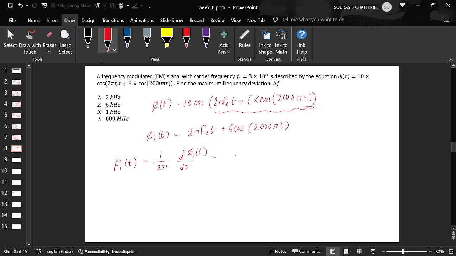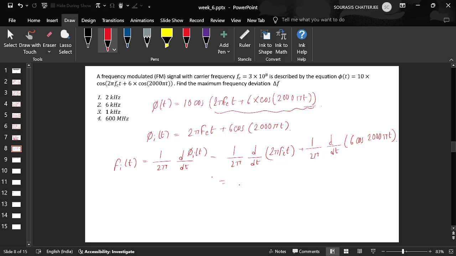And as a result, what do we obtain? 1 over 2 pi d/dt of 2 pi fct plus 1 over 2 pi d/dt of 6 cos 2000 pi t, right?